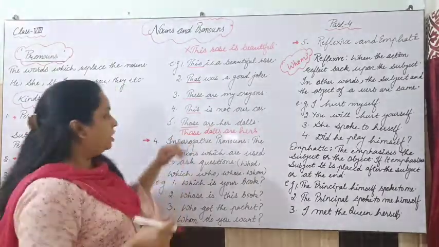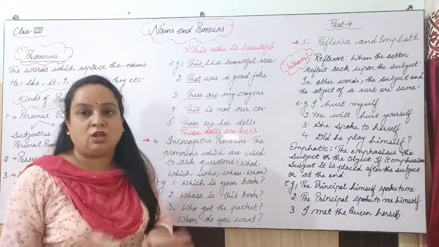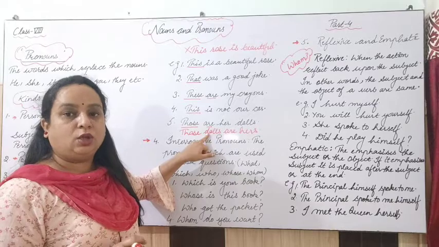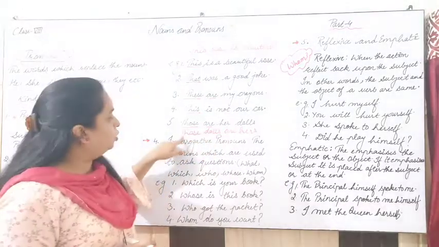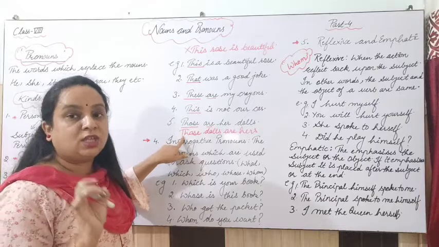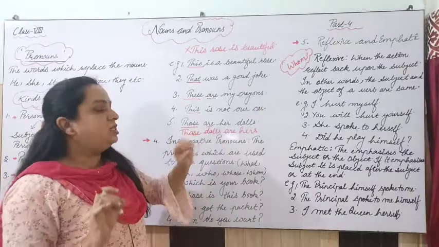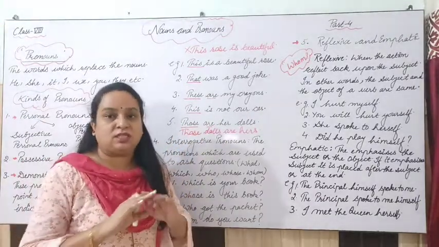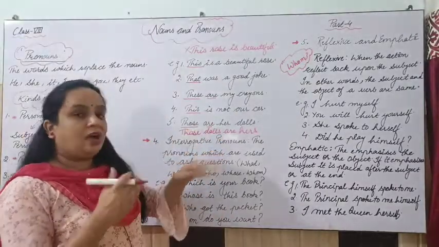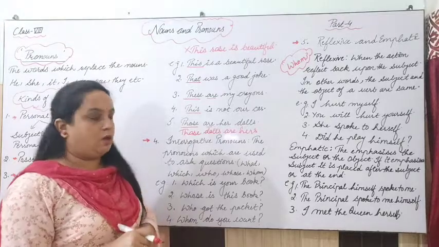Let's see. Those, definitely that is not, because after that comes dolls, and here those is working as a demonstrative what? Adjective, right? If we look for the pronoun here, it is definitely not a demonstrative pronoun. So we have to find some other kind of pronoun here.